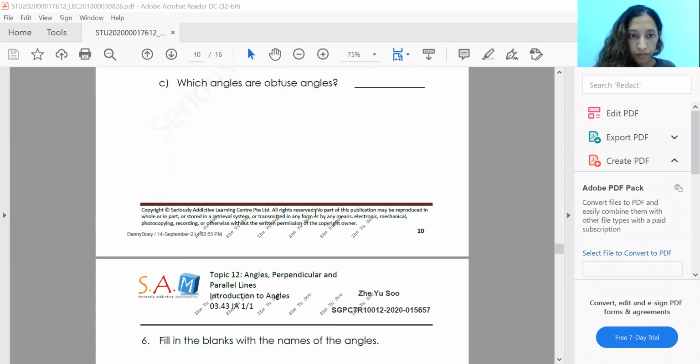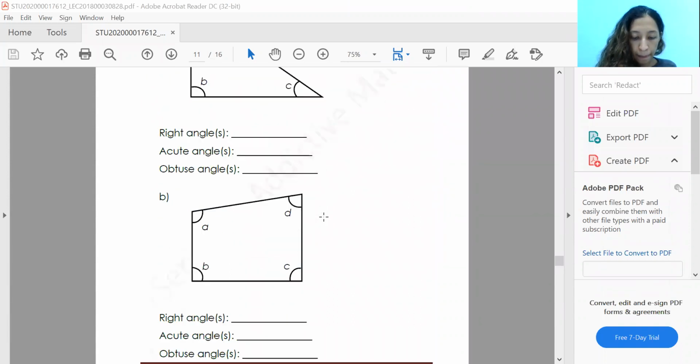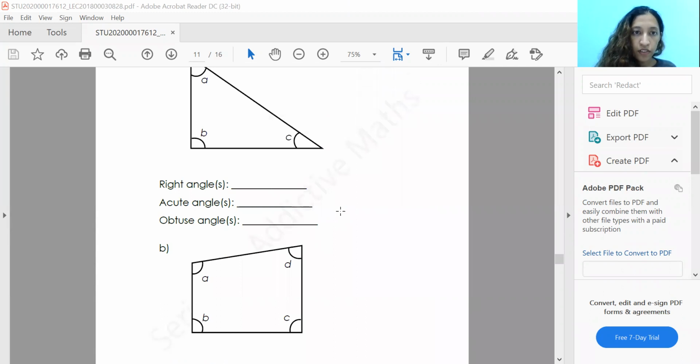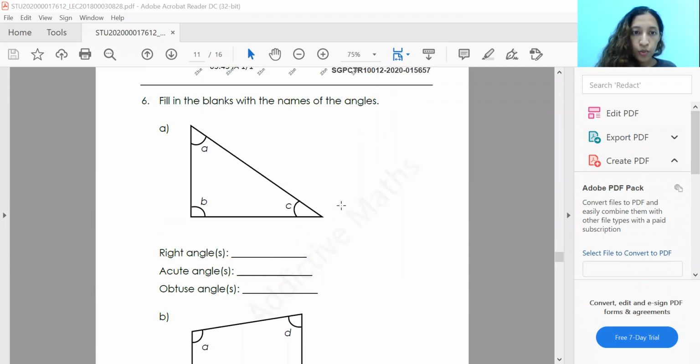Okay, let's see. Okay, I would want all of you to pause on this video and do A for me. All right, so let me go through. So right angle. Okay, fill in the blanks with the names of the angles.